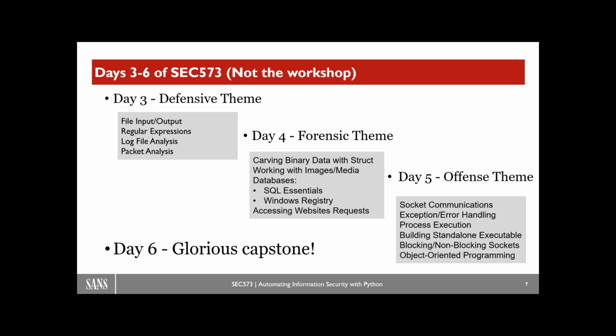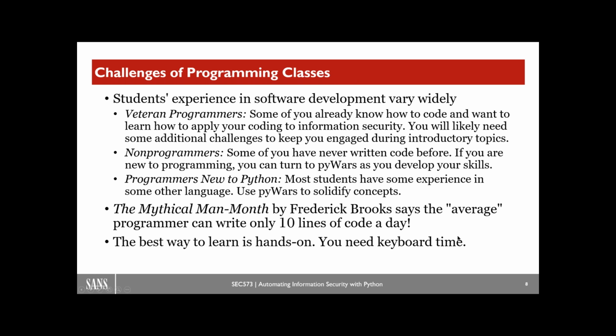So launch a command prompt and interact with that command prompt, or launch a bash shell on a Linux system, interact with other commands, capture the output of those commands, and use Python as an automation tool to launch various tasks and get things done. We'll talk about some of the nuances of that, such as blocking and non-blocking sockets, and then we wrap it up with a discussion of object-oriented coding.